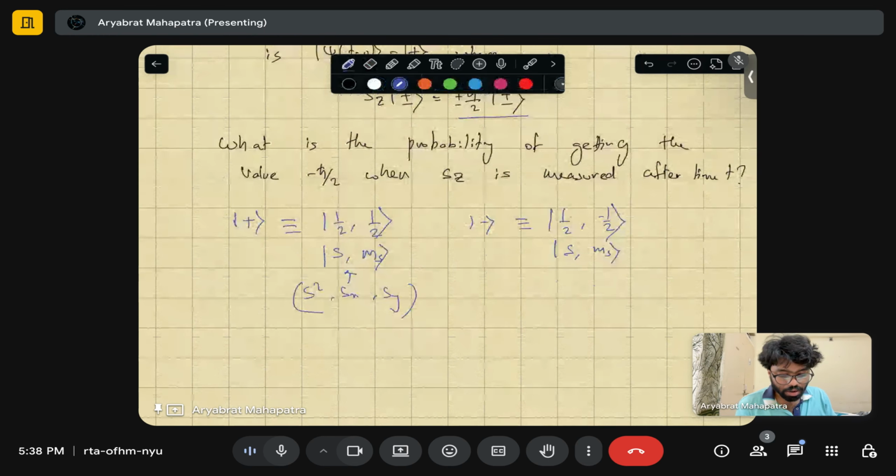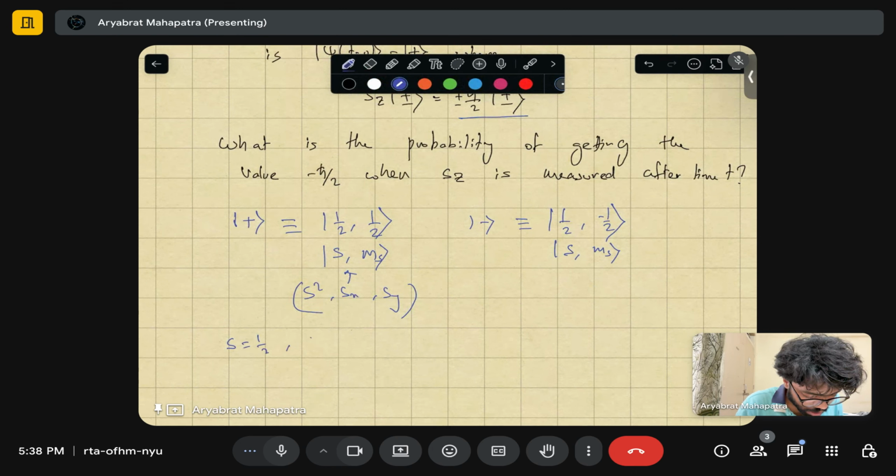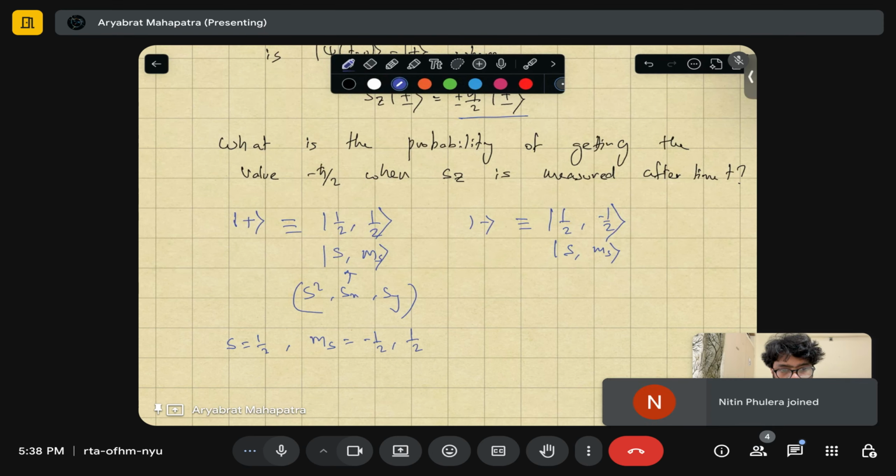Then, when you have spin half, when S is equal to half, m_s can be either minus half or half. As I said, if you have l, m, the m value goes from minus l to l.